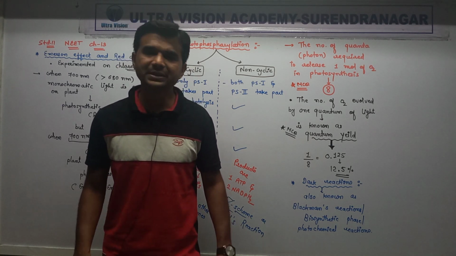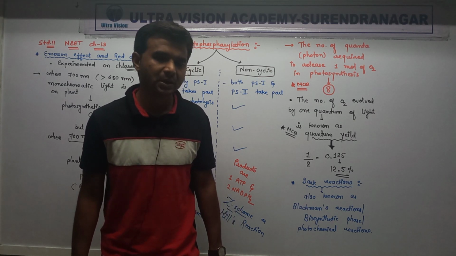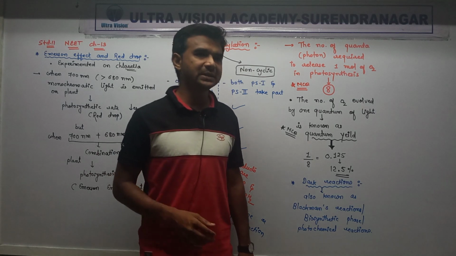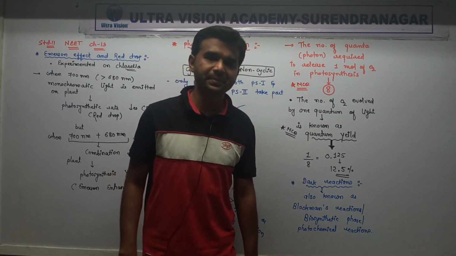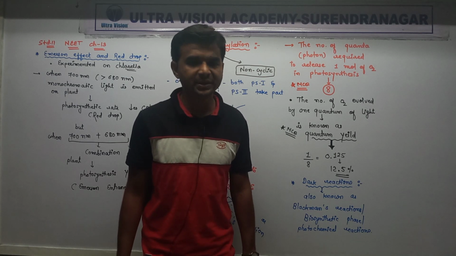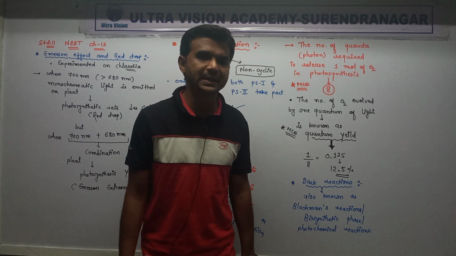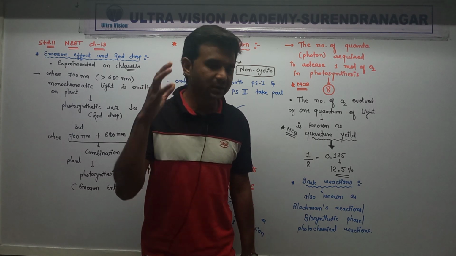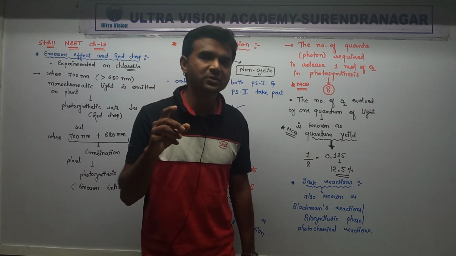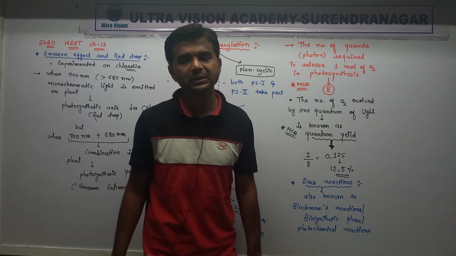Other scientists performed the experiment on other organisms also. When carbon dioxide comes in contact with PEP, instead of the 3 carbon PGA, OAA, oxaloacetic acid, is obtained. So the first stable product is oxaloacetic acid, which has 4 carbons.